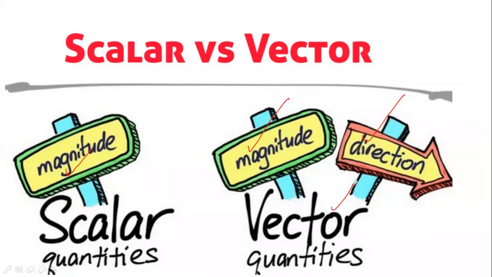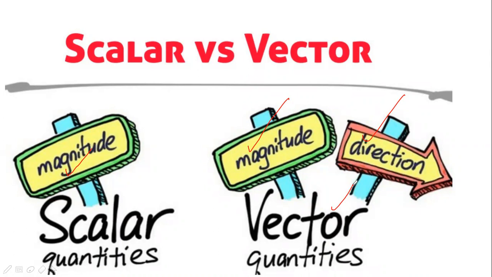Force has magnitude as well as direction, so it's a vector quantity, and magnitude only is a scalar quantity. Pressure is scalar. Area, volume, length, mass, time, temperature, these are scalar quantities. Force, velocity, acceleration, you will study these topics.